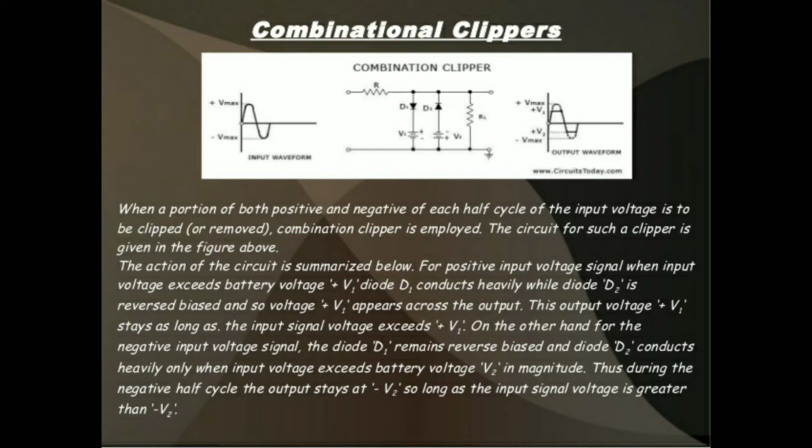For that we take one resistor, and the diode D1 which is connected in forward bias, and another diode D2 which is connected in reverse bias. For the diode D1 we take the reference voltage VR1. For the diode D2 we consider the reference voltage VR2. So the output will be at the load resistor. This is the circuit diagram construction.